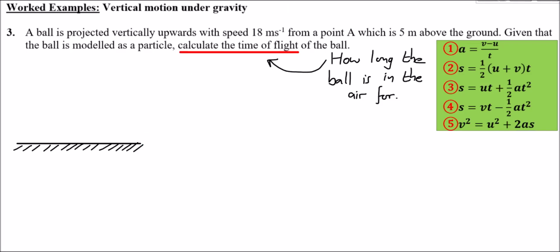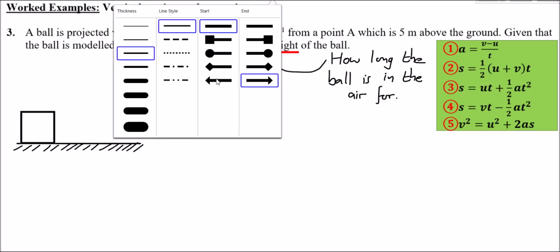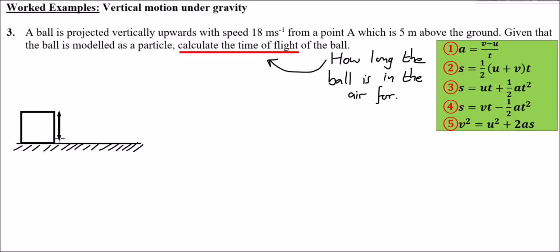So what I'm going to do here, just imagine drawing where it's been dropped from. Okay, so it's been launched from here, let's say. I'm going to say that this distance here is 5 meters. That's 5 meters. And again, I can't seem to get my arrows going straight today, which is a tiny annoyance. It's not a major thing, but still.